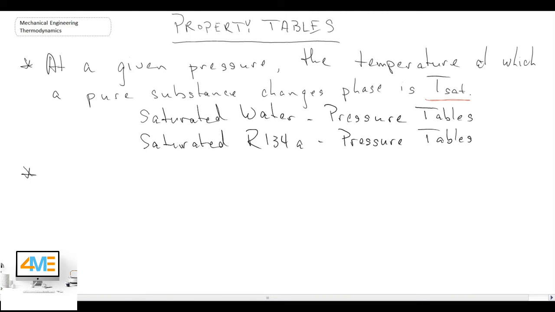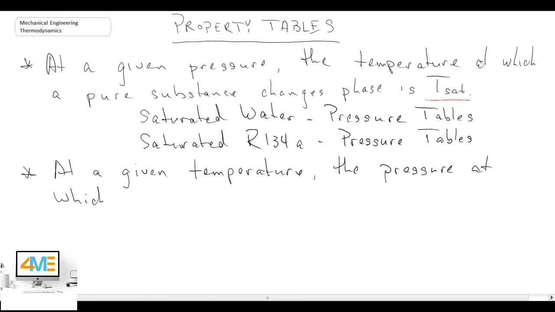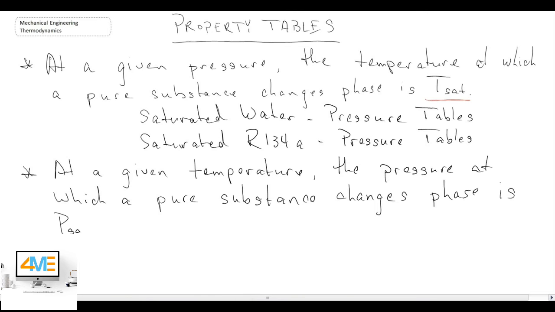Another form is if you have your temperature fixed, so here you're talking about the saturation pressure at which you undergo a phase change. So if you have the temperature fixed, then you'd be looking at the saturation pressure.